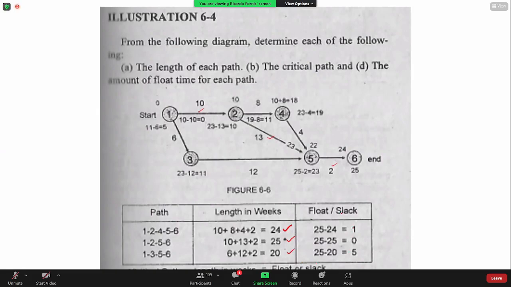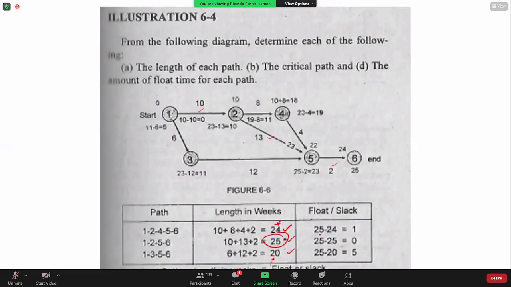To solve for the float, it's the total float: 25 minus 24. The critical path duration minus the duration of the non-critical path.